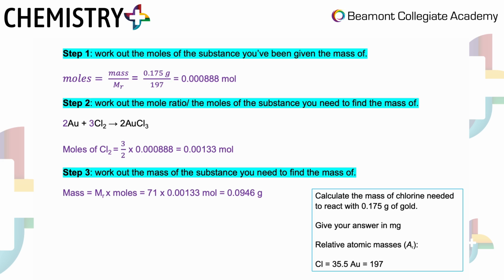That gives us an answer of 0.0946 grams. However, the question was looking for milligrams, so we've got to convert it by multiplying by 1000. And there is our answer in 4 steps, 94.6 milligrams.